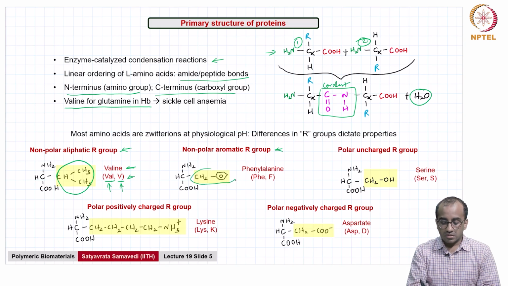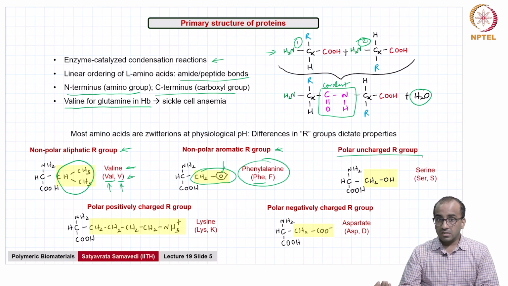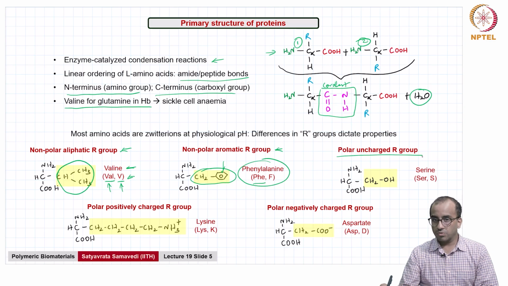This is still non-polar, but you have a ring, so it becomes an aromatic R group which is non-polar, and this happens to be the specific amino acid called phenylalanine, which is abbreviated as PHE or F. Another category that is equally important is a polar but uncharged R group, and shown here is an example of serine, abbreviated as SER or S, and you see here that the OH group makes it polar without the explicit presence of charge.